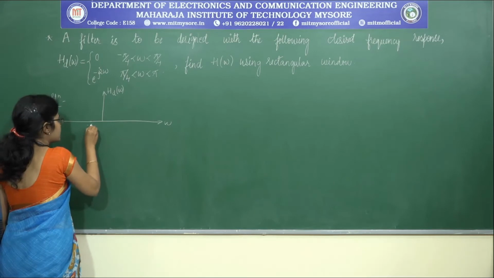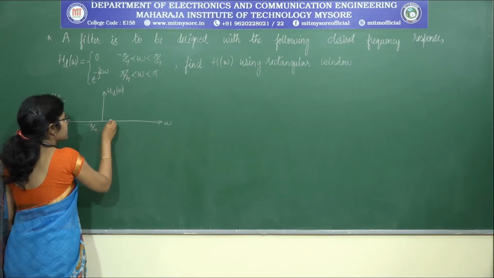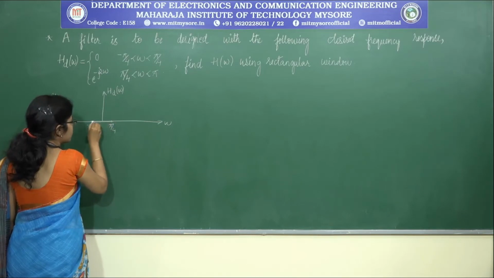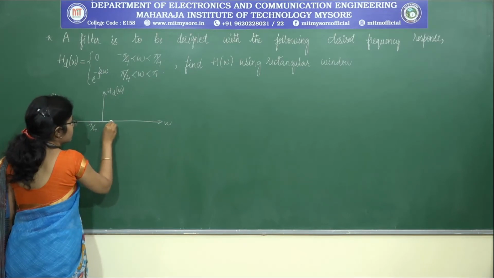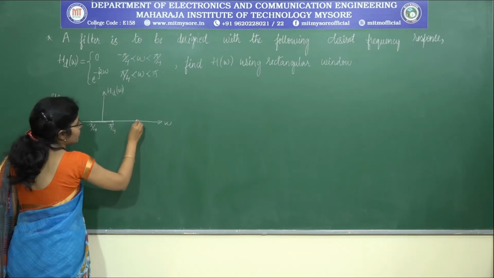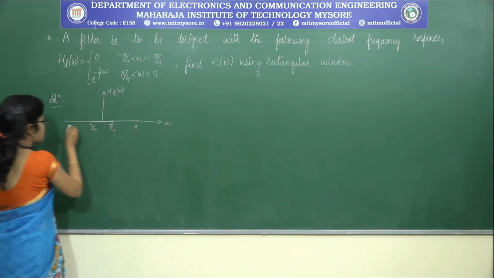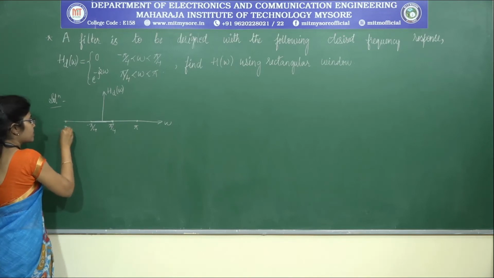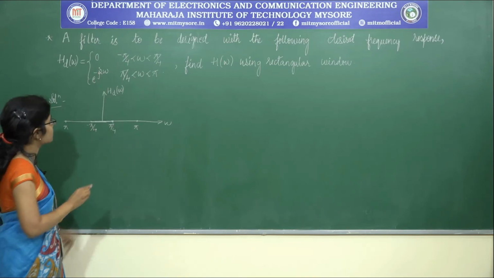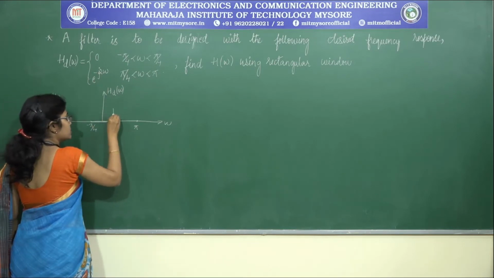So this is minus pi by 4 and this is plus pi by 4. Then from pi by 4 to pi, this is pi, it is equal to e power minus j 2 omega.